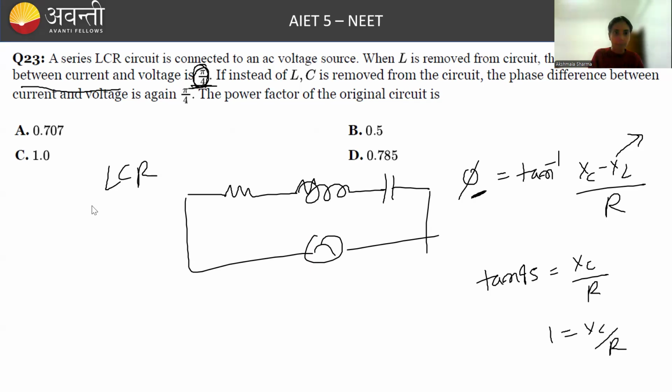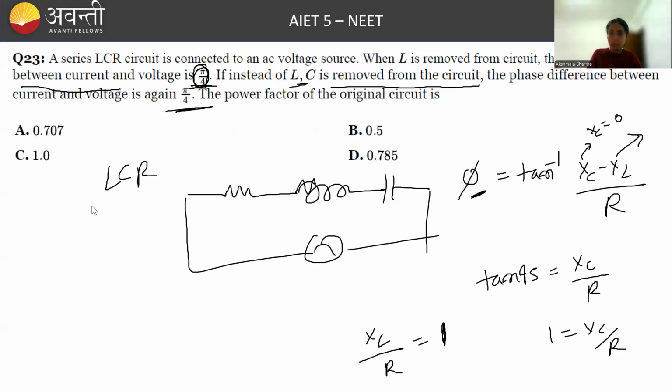If instead L is restored and C is removed from the circuit, the phase difference between current and voltage is still pi by 4. That is, if we now make XC equal to 0, then also magnitude wise the angle is 45 degrees. It means again, magnitude wise, XL by R is equal to 1.